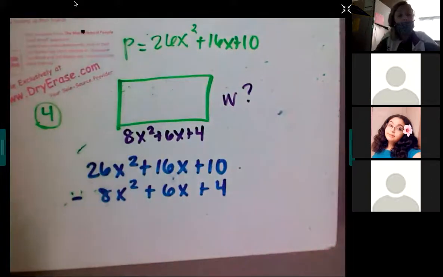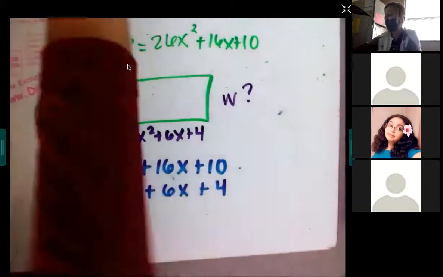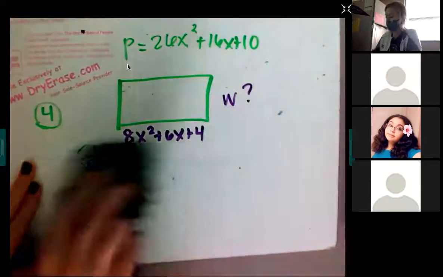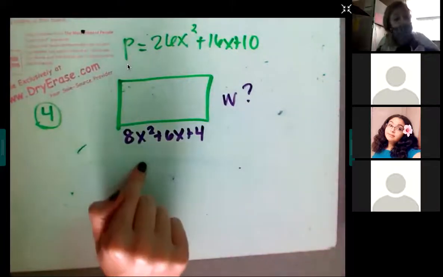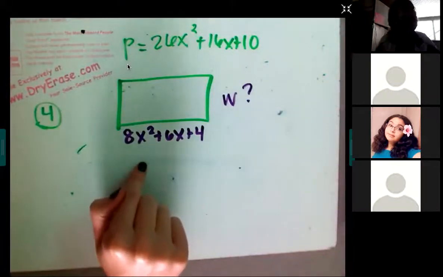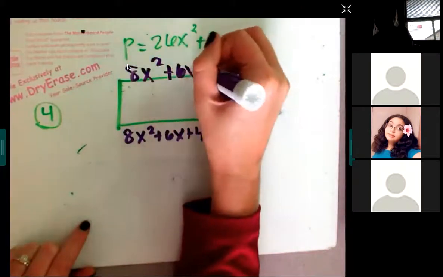So if that's what you did, you were on the right track, but you forgot something really important. Don't write that down, that's not correct. Say it again, Brooke. How many of these lengths do y'all have? 2. So what should we really be subtracting?